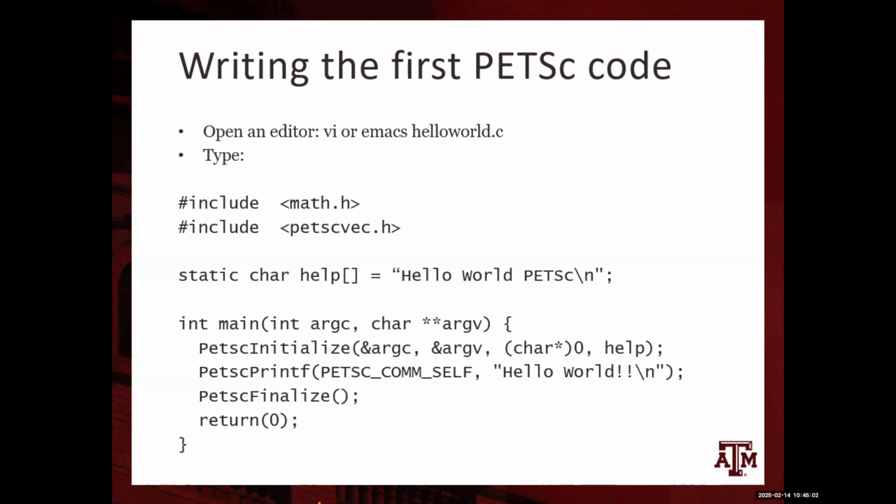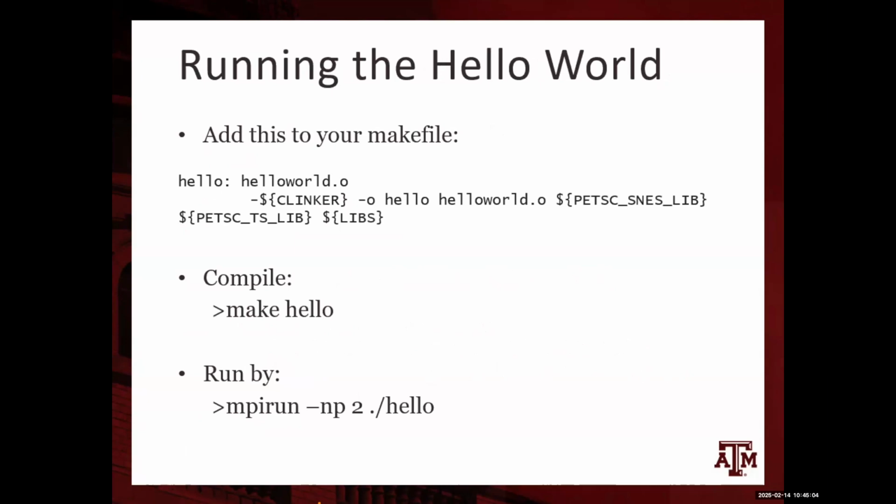If you're done writing this, copy and paste this to the end of your makefile. You can open a makefile like vi makefile or Emacs makefile, the same way. A makefile is just a text file.